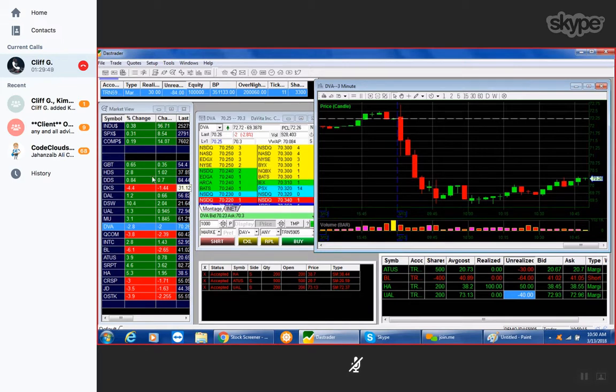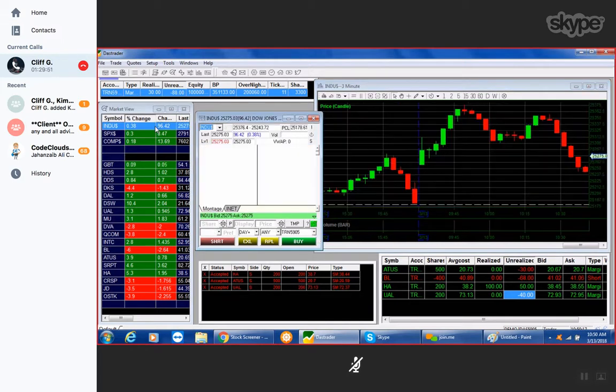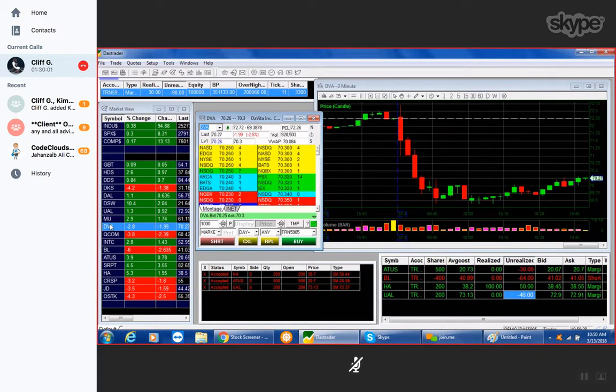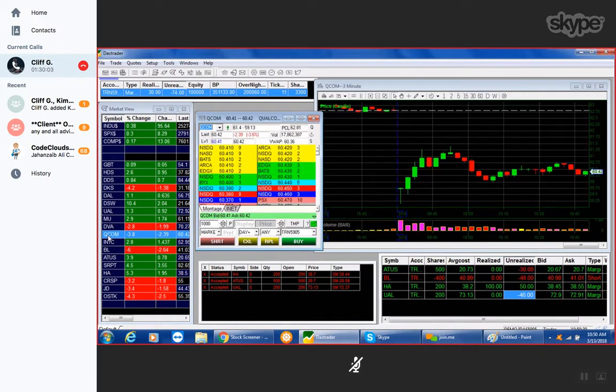Okay. Let's take a quick look at the Dow. Dow's all over the place. And we're on this DVA. Okay, here's the Qualcomm. Interesting. You know what? I'm going to chase this on a sloppy trade. I'm going to do 300 of this. Qualcomm.